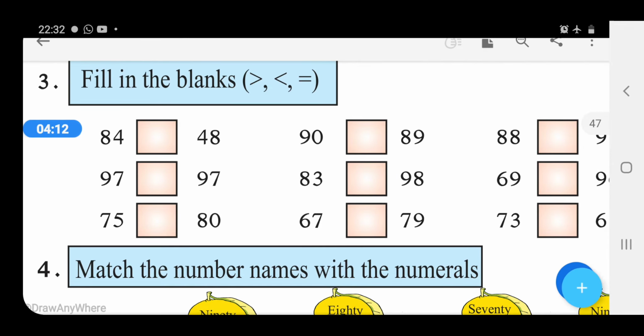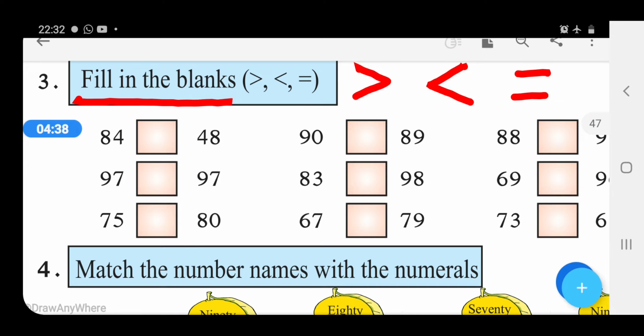Here, fill in the blanks. Okay, in this question we have to fill in the blanks with signs, 3 signs: greater than, less than and equal to.